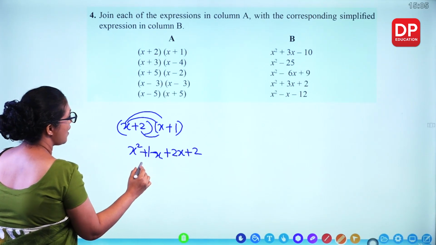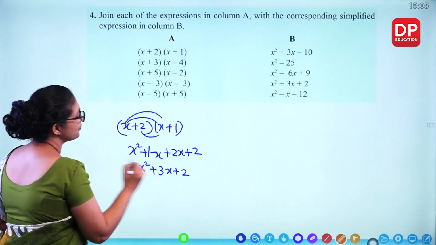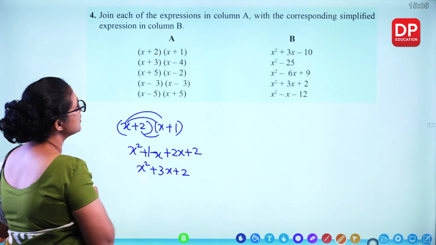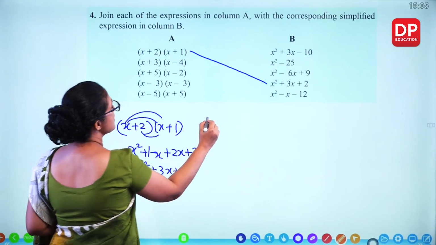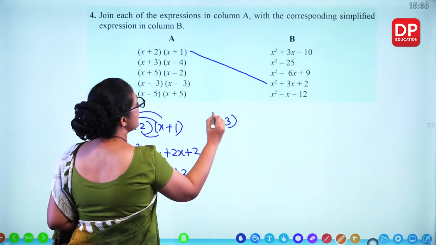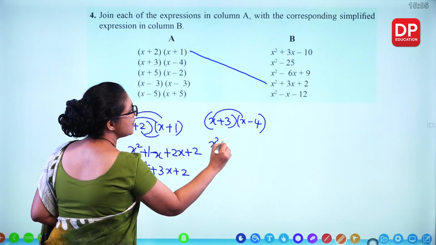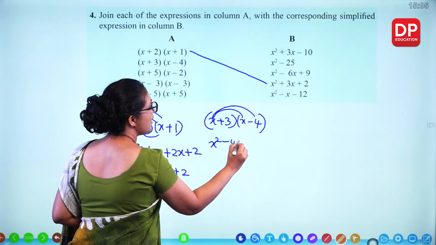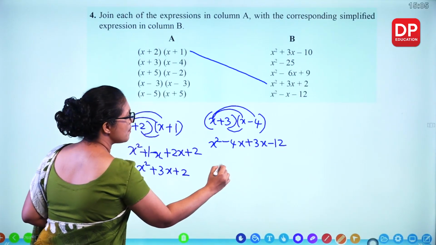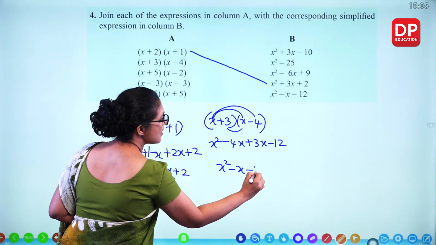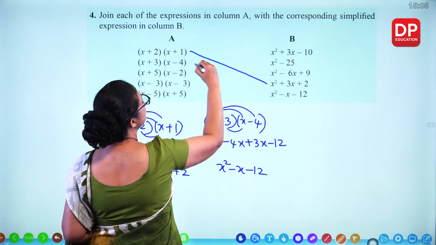So when you simplify, you get x squared plus 3x plus 2. x squared plus 3x plus 2. This is this one. x plus 3, x minus 4. x squared minus 4x plus 3x minus 12. So when you simplify, you get x squared minus x minus 12. So that's the last one.